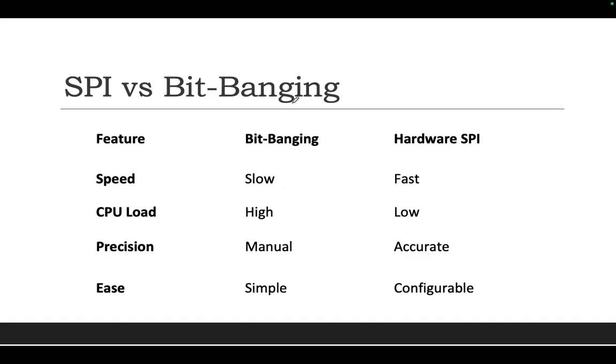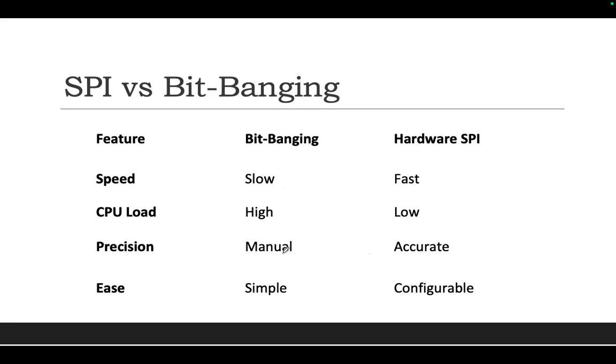And the CPU load for the software is high. But for the hardware, you don't need to use code to set the clock and other things, so the CPU load will be low. And for precision, with the software SPI, when we need to set the clock, it's not very accurate, but the hardware is very accurate.